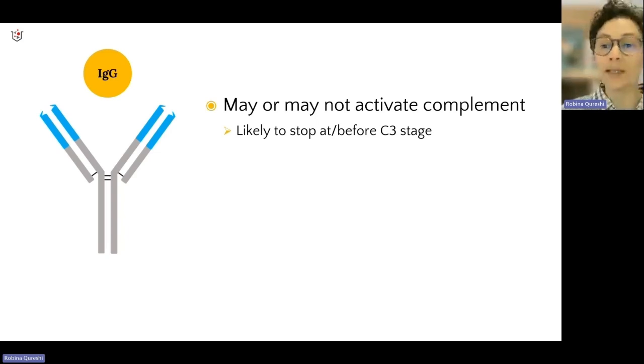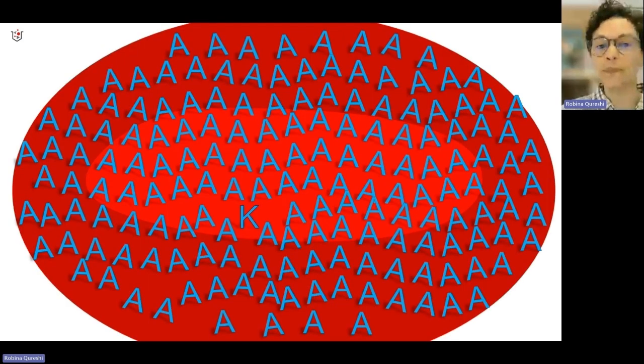This can be very, very difficult if antigens are spread far across the membrane. So to give you an example of what this might look like, how many A antigens do we have on a red cell, roughly? Anyone know that one? Anyone got any ideas?